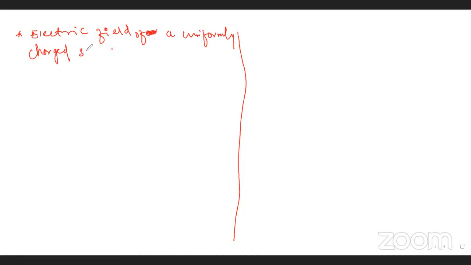So, the electric field of a uniformly charged spherical cell.